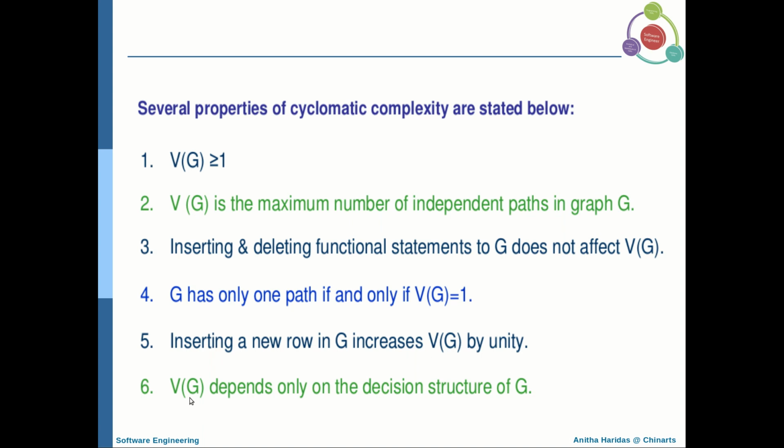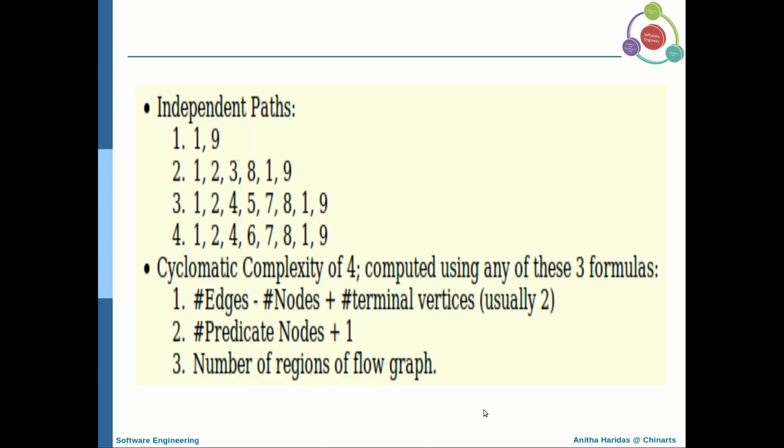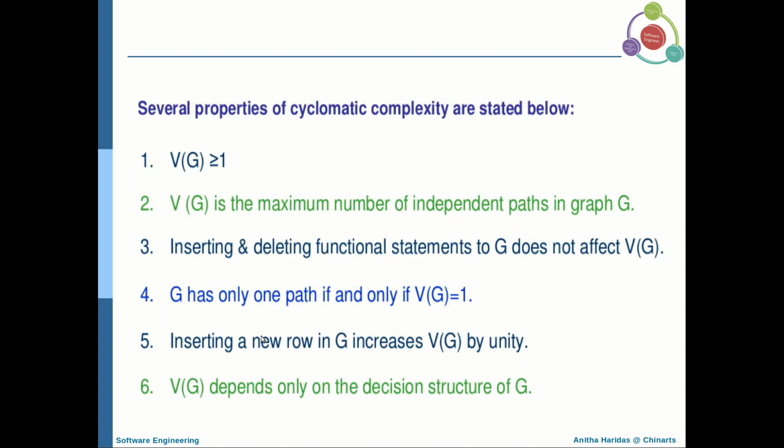Then V of G, which is your metric value, depends only on the decision structure of G. See, your metric measure always depends on the decision structure. That is why we have seen you can even use the predicate nodes for calculating the metric, because the metric value completely depends upon how many decision nodes you have in the graph.